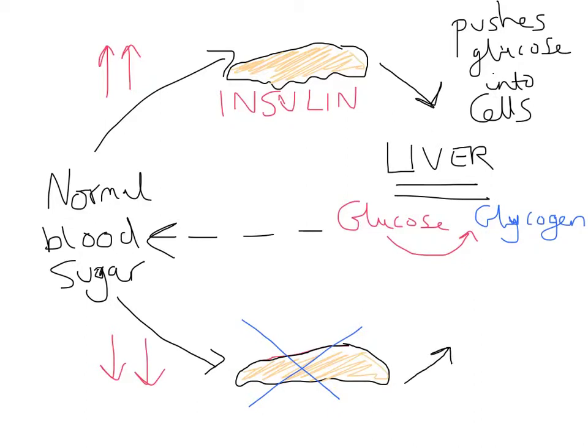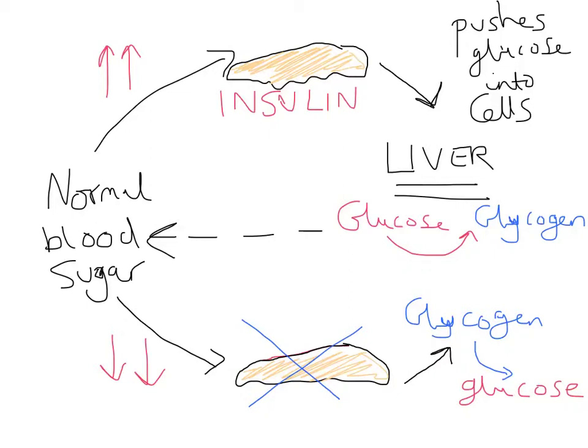Instead we take that glycogen and we turn it back into glucose. Now, a substance called glucagon does that. So glucagon turns glycogen back into glucose and puts it back into the blood.